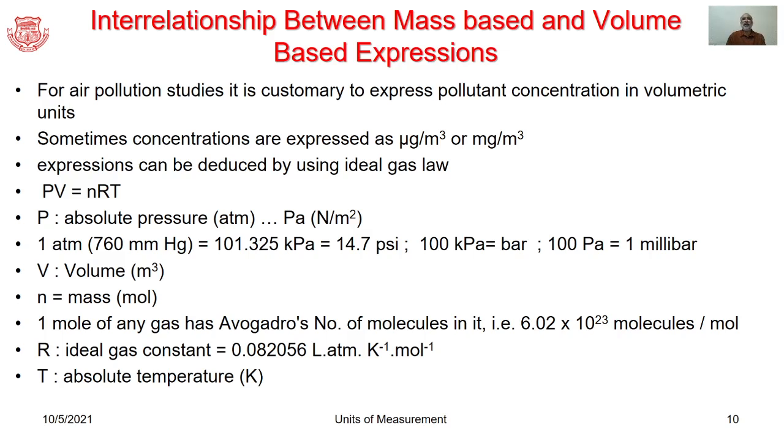This expression can be deduced by making use of the ideal gas law, PV is equal to nRT. Already we are acquainted with this. Also, we know that 1 mole of any gas has Avogadro's number of molecules, 6.02 into 10 raised to 23 molecules per mole. We know the terms R as well as T.